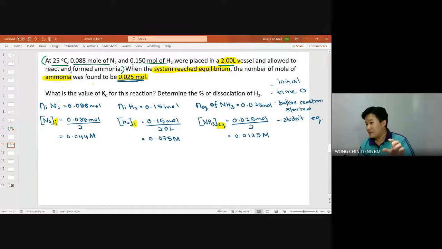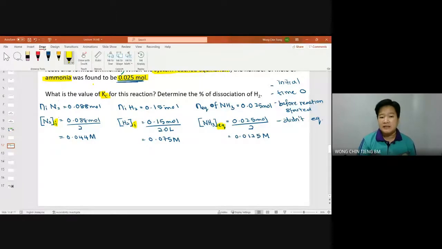Betul? And that's why I give this type of question. This is the type of question I would say lagi tinggi level dia, where you need to write your equation on your own and your equation must be 200% correct. Okay? Mainly balance the equation. So over here, the question asking for the value of Kc. Before the value of Kc, we definitely need the equation.